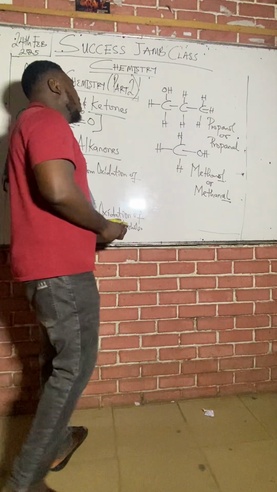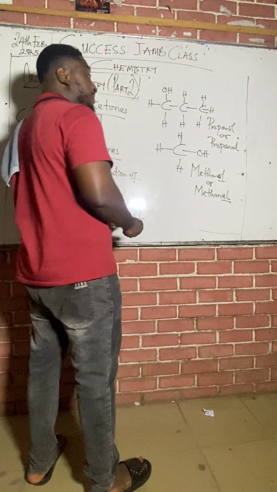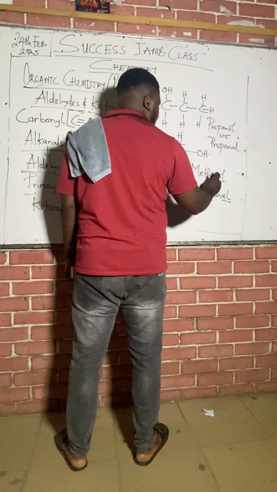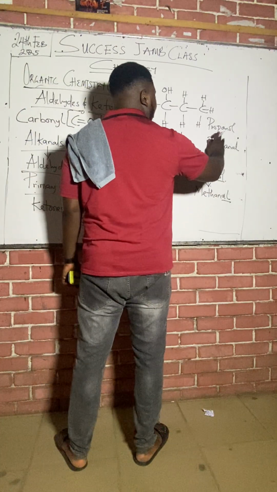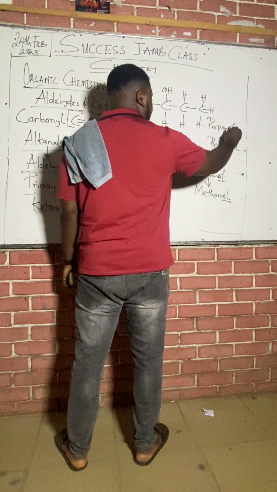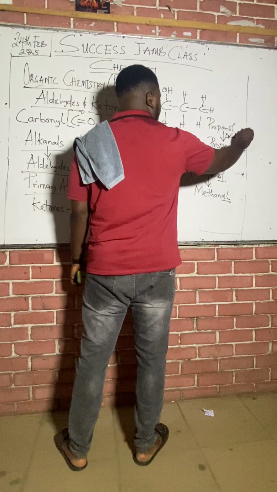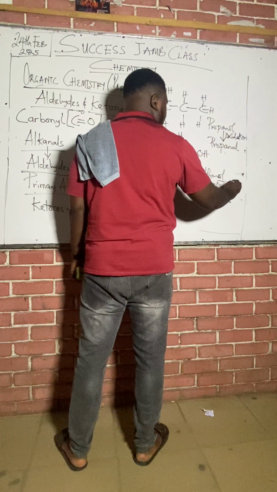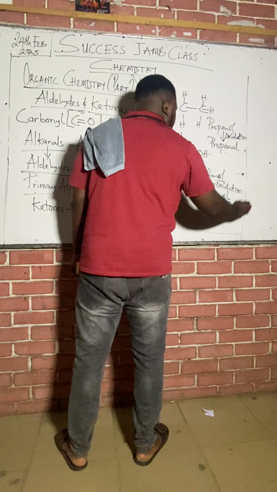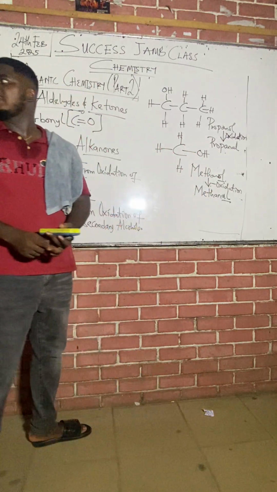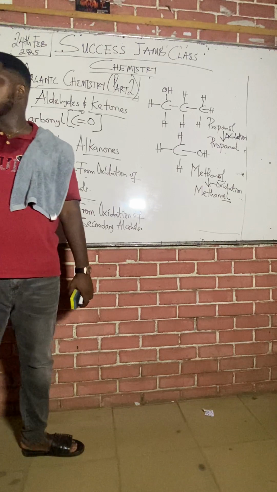Class, let's see what changes in the primary alcohol that turns it into an aldehyde. Propanol gives propanal after oxidation, and methanol will give methanal.